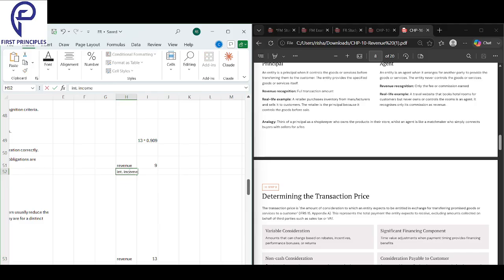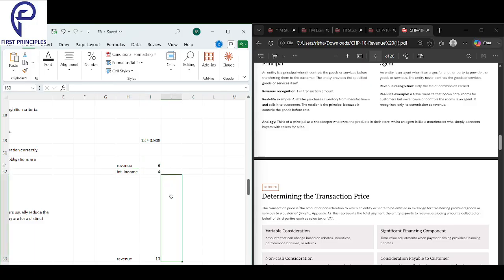So this 9 has become 13, and you have to show how it became 13. It became 13 because an interest income of 4 came in. So over the period of 1 year, your revenue goes from 9 to 13, but you make sure that you show the interest income of 4. This is how the entire thing spans out.